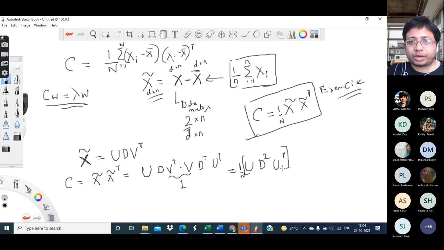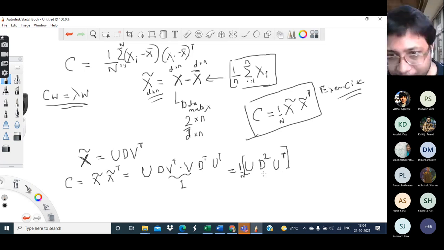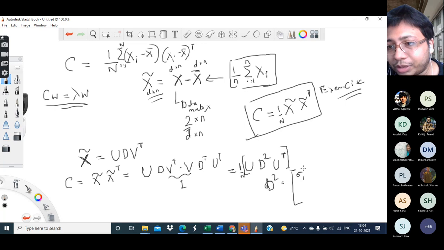So when we are talking about the largest eigenvalue of C, by looking at this form you can understand that the eigenvalues of this C are nothing but the squared singular values of x tilde. This D square matrix is the same matrix we were discussing before the break: sigma 1 square, sigma 2 square, all the way up to sigma d square.